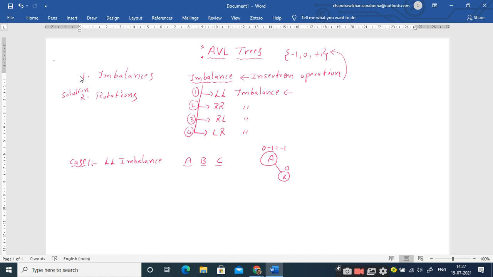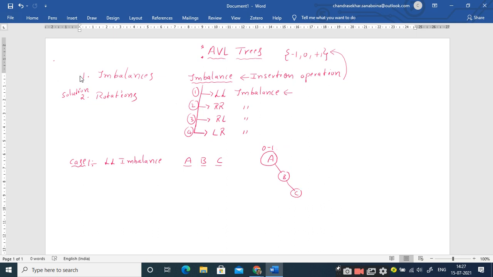Since C is greater than A, it should be placed as the right child, but B is already placed as the right child, hence you have to compare C with B. Again I find that C is greater than B, so I should place C as the right child of B.